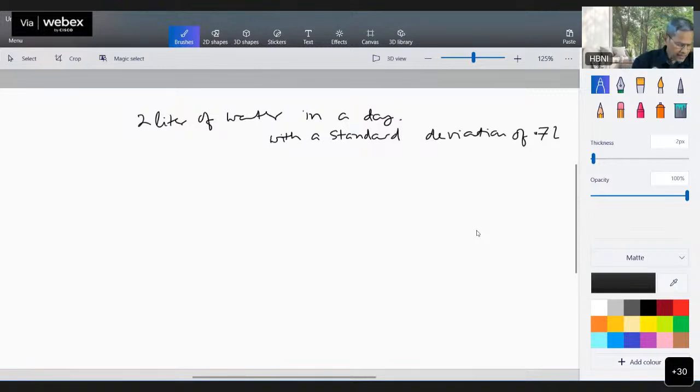Suppose you are planning a full day outing of 50 persons, and you are planning to take with you some 110 liters of water.